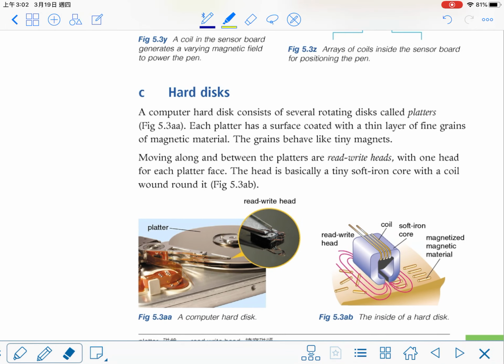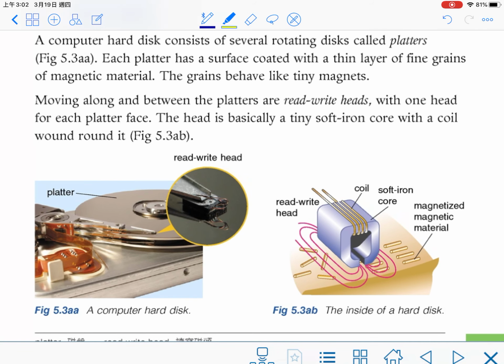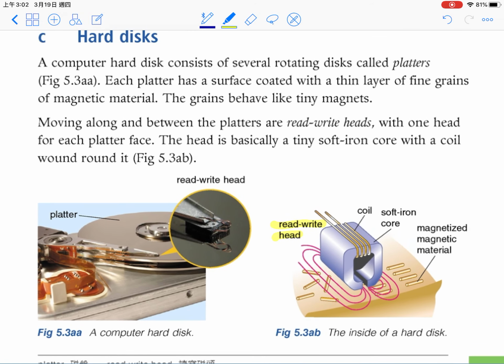Another example is a hard disk. Now you see there will be a hard disk head here, with a write head. If we have a current flowing through this write head, it can magnetize the magnetic material inside the hard disk.